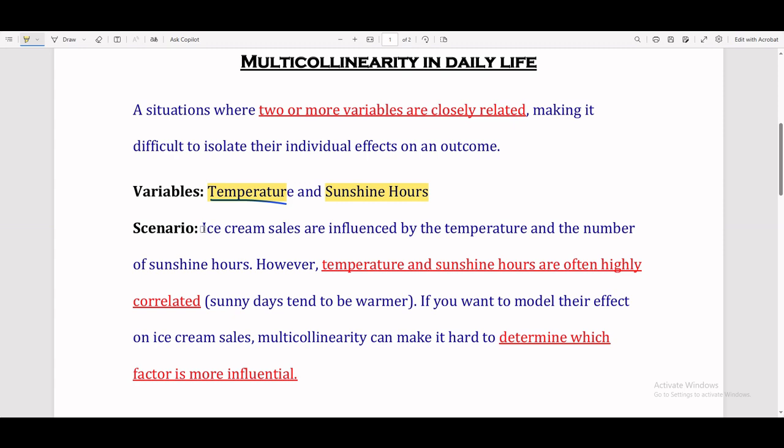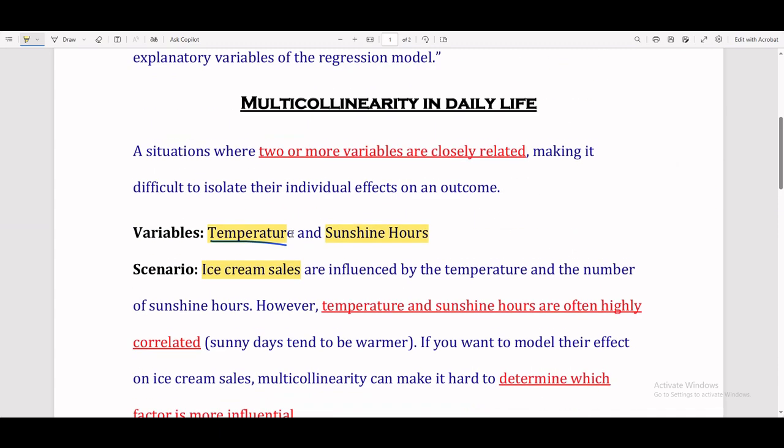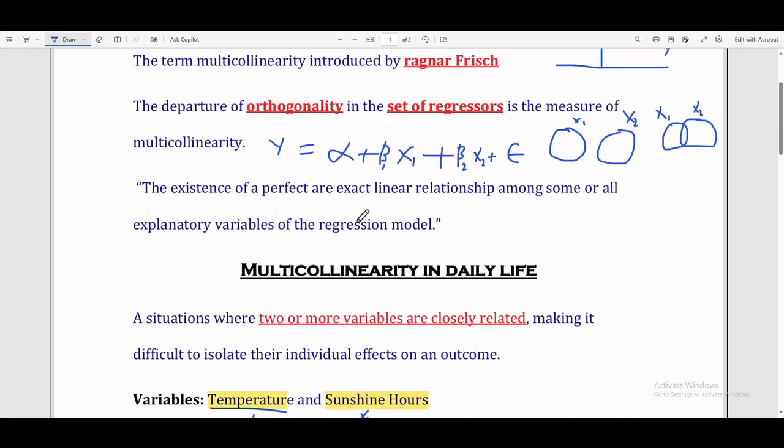Ice cream sale is the dependent variable, y. Temperature is the x1 variable, and sunshine is the x2 variable. And this is the model: y is equal to alpha plus beta 1 x1 plus beta 2 x2 plus error term for two independent variables.